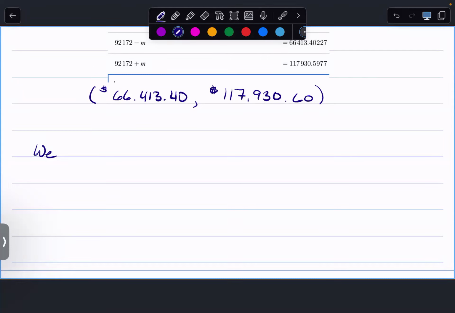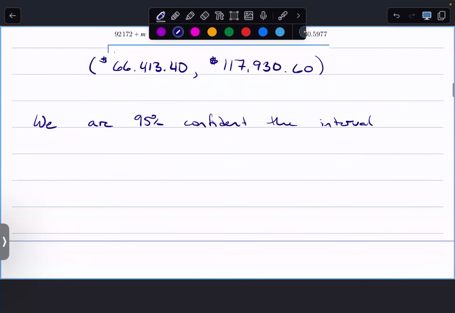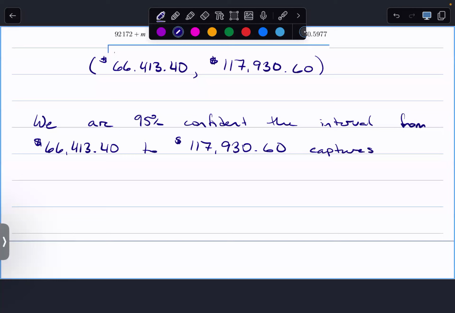We are 95% confident in this case the interval from the lower to the upper, so from $66,413.40 to $117,930.60 captures, and I want to see that word because there's no better word for what the interval is doing.